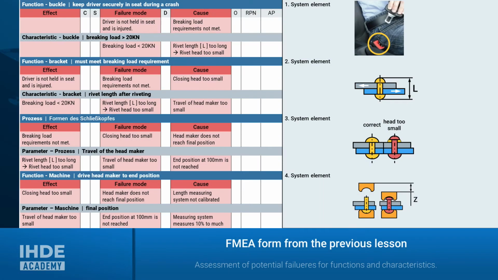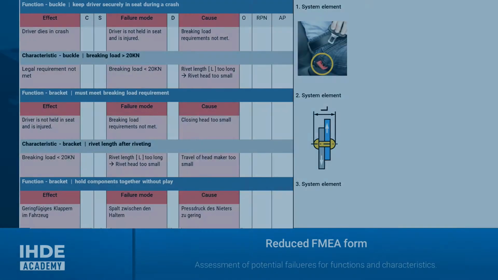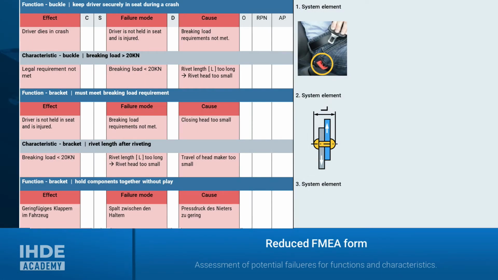What you see here is the FMEA form from the previous lesson for a seatbelt buckle. The knowledge required to create and understand an FMEA up to this point is assumed here. In order to keep the FMEA simple, the last 2 system elements have been removed.